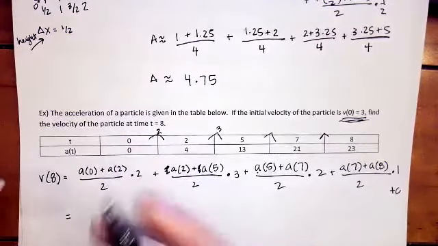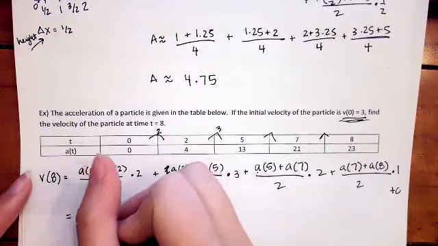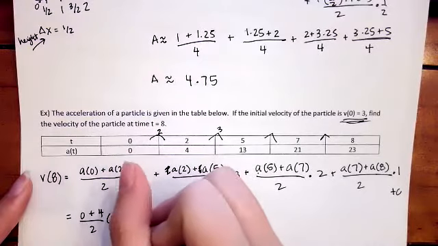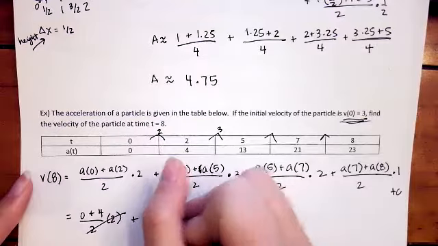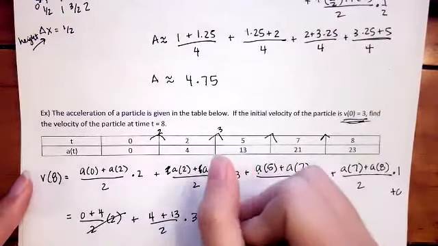So we're going to plug in numbers from our chart. A of 0 is 0. A of 2 is 4 over 2 times 2, which will cancel. 4 plus 13 over 2 times 3.